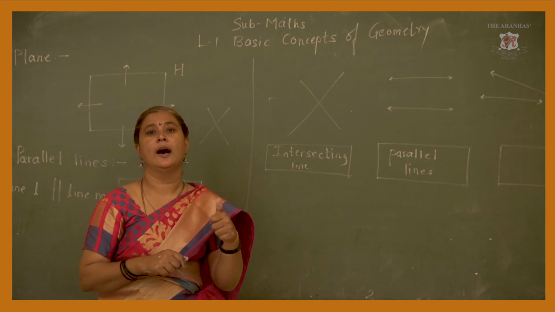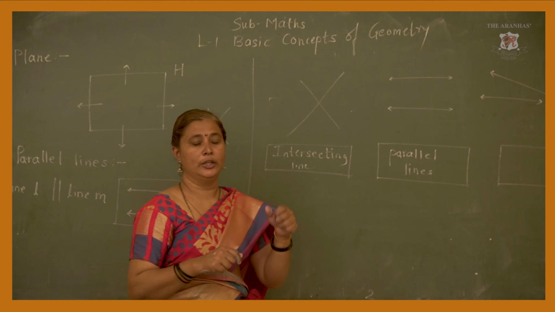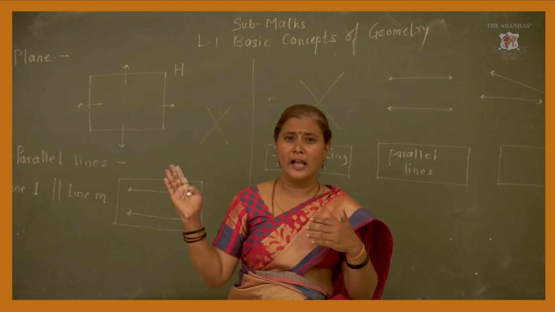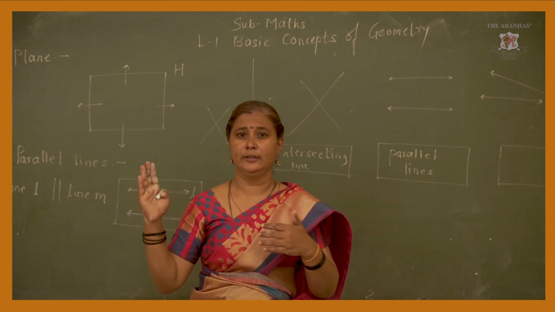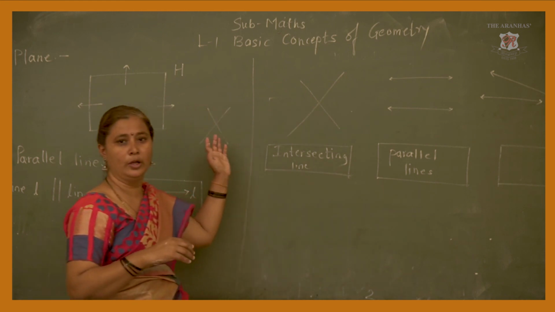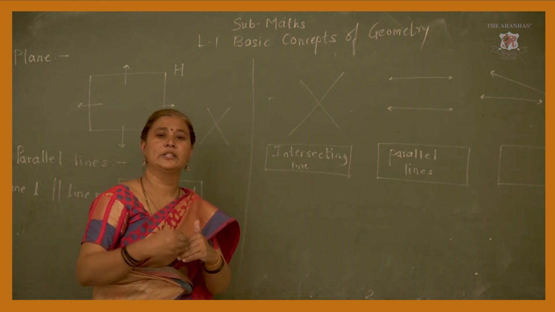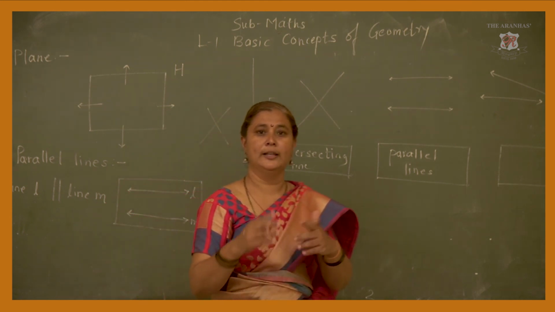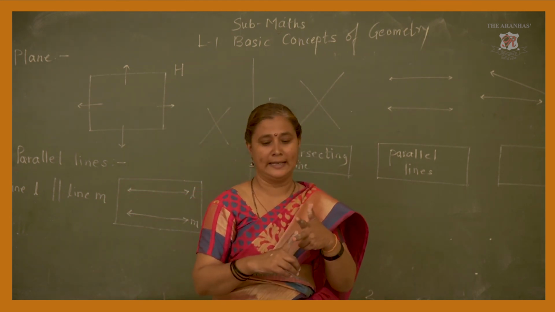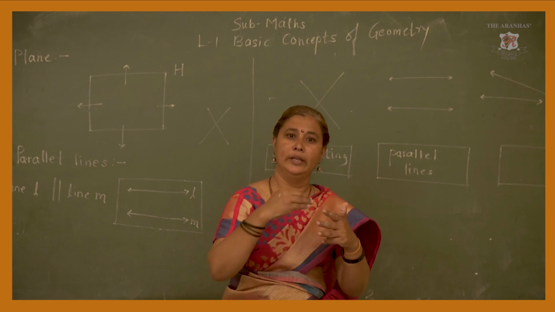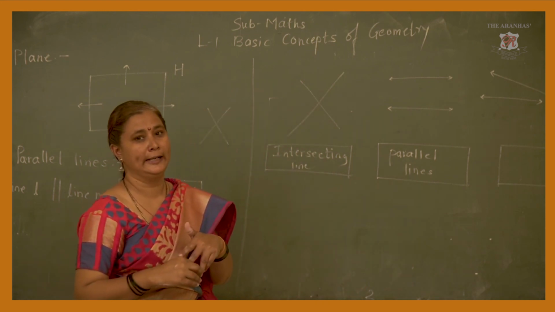Capital letters are used to denote a point, as you saw in the figure I drew previously on the board. After that we saw line segments and lines. Then we went on to the ray.